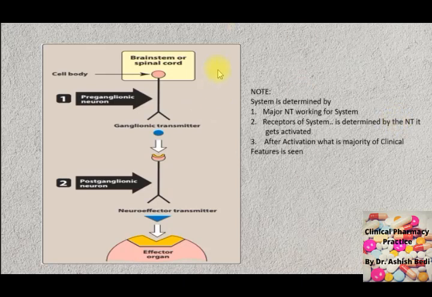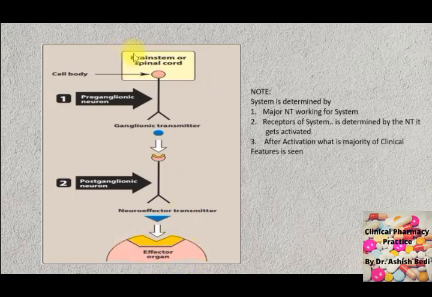Now, the second thing is that we have a brain stem or spinal cord. Everything starts with the brain stem or spinal cord. Let's understand, we have brain stem or spinal cord, we have ganglion, and we have effector organ on which the receptor is there. On the ganglion also the receptor is there, and on the effector organ also the receptor is there.